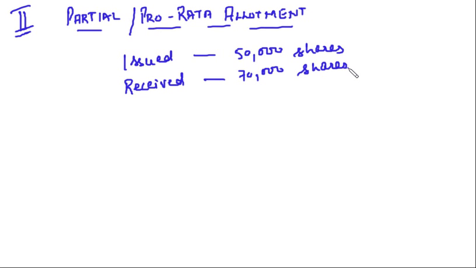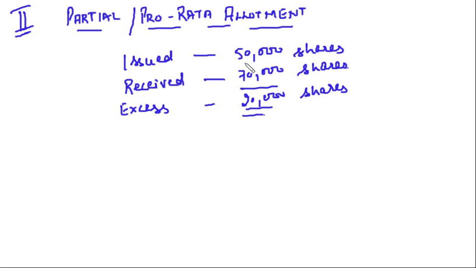Now, how much are the excess shares? 20,000. Excess applications received 20,000 shares. Now in the first method we say reject these applications on 20,000 shares, right, and refund the money. In method 2 they say do not reject the 20,000 shares. What you do is you allot some shares to everyone. Do partial allotment.